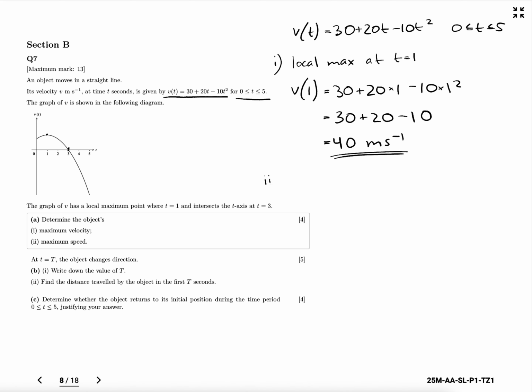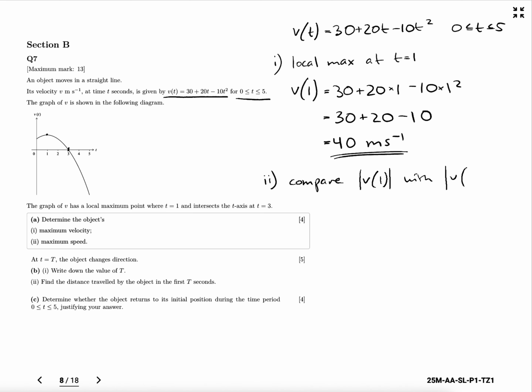And then the maximum speed. So if you remember, velocity is speed but taking the direction into account, whereas speed would be the magnitude of the velocity. So we basically want to compare the magnitude of this maximum that we just found with the speed.